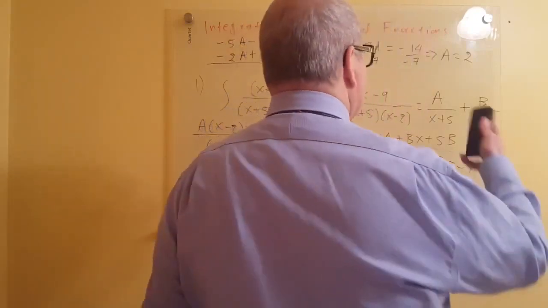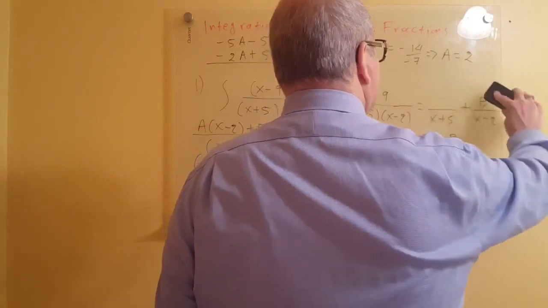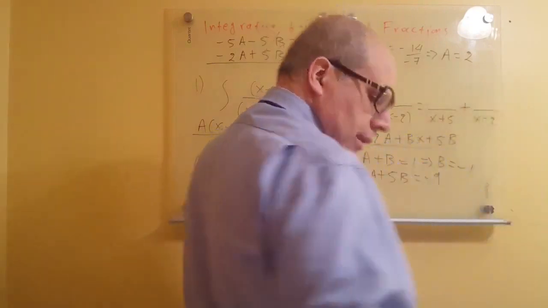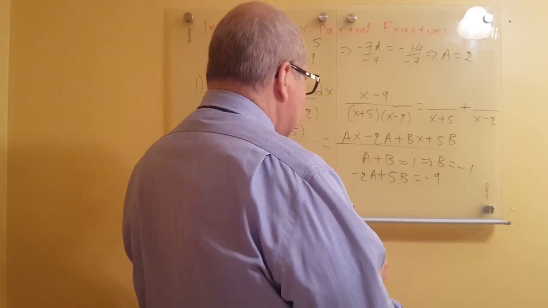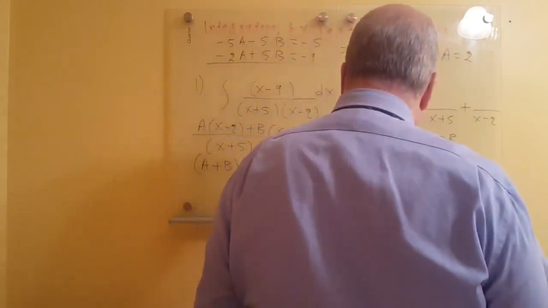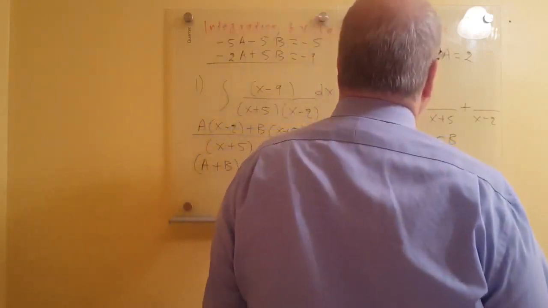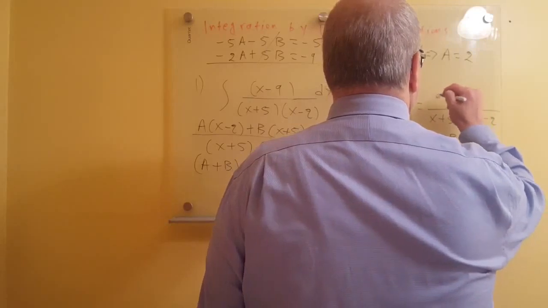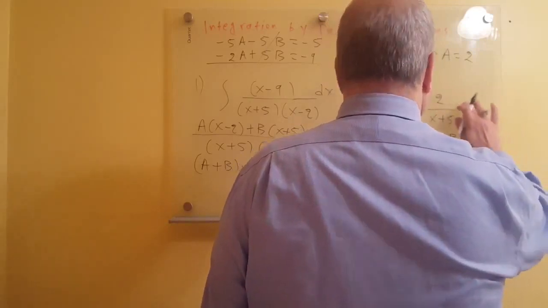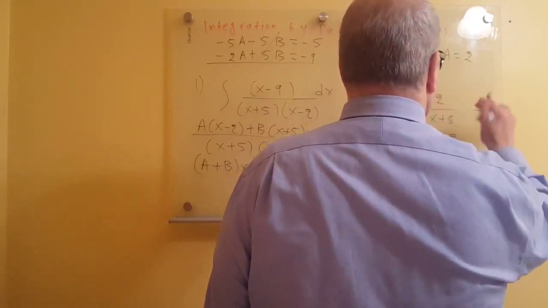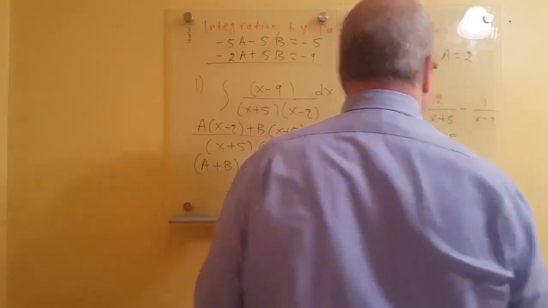So you just go here and put these numbers, and we are done with this part. So we set a equal to 2 and b equal to -1, so we'll put minus here and 1 here.